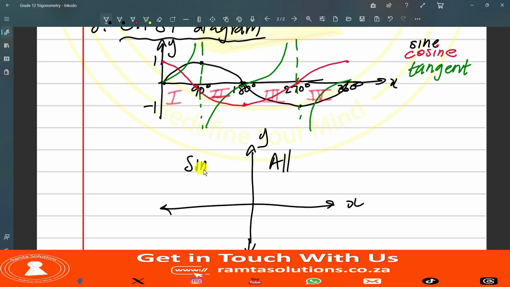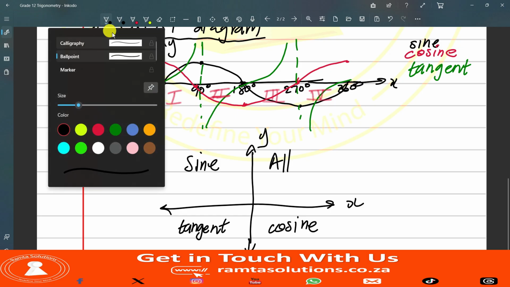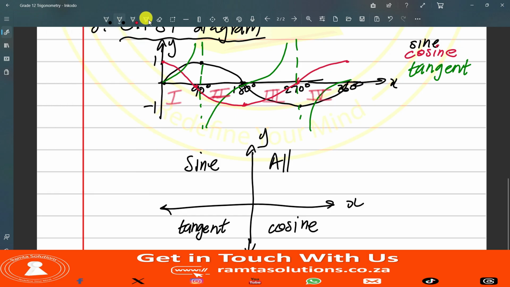Then in the third quadrant, it's the tangent. And then for the fourth, it's the cosine. Now, as you can see, the cast diagram is coming from this fact.